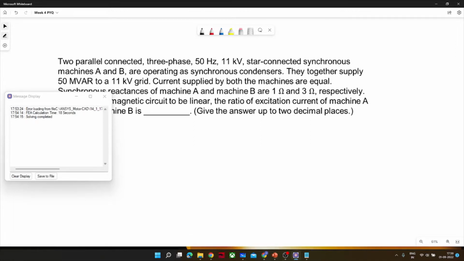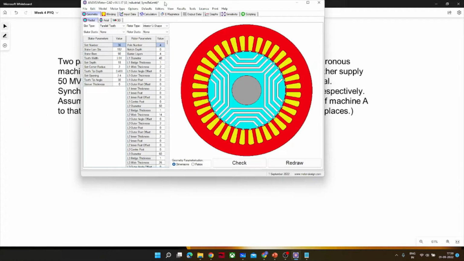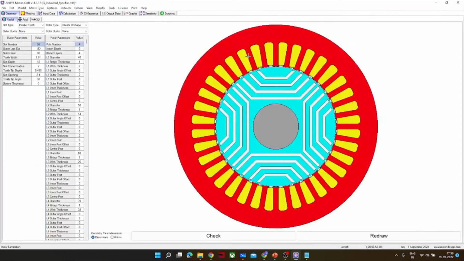Okay. So are you guys able to see the model on the screen? Yes. So this is nothing but the synchronous reluctance motor. This axis is known as the Q axis and this axis is known as the D axis. In a conventional synchronous motor, we have the field wound on the rotor.